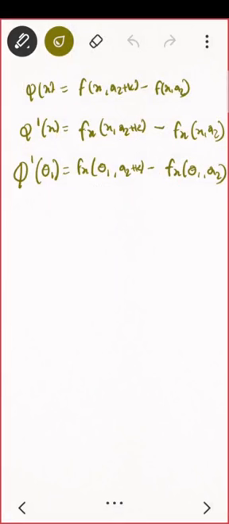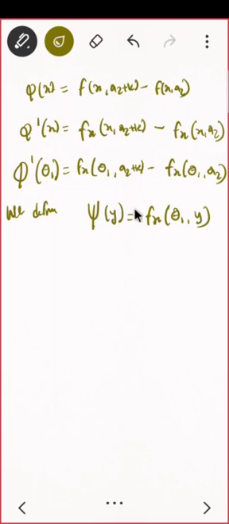Okay. Now let us do one thing. We define psi of y. Same as what we did for that, we are going to try something similar. We define psi of y as fx of theta 1 comma y. So if you have this, look at this.